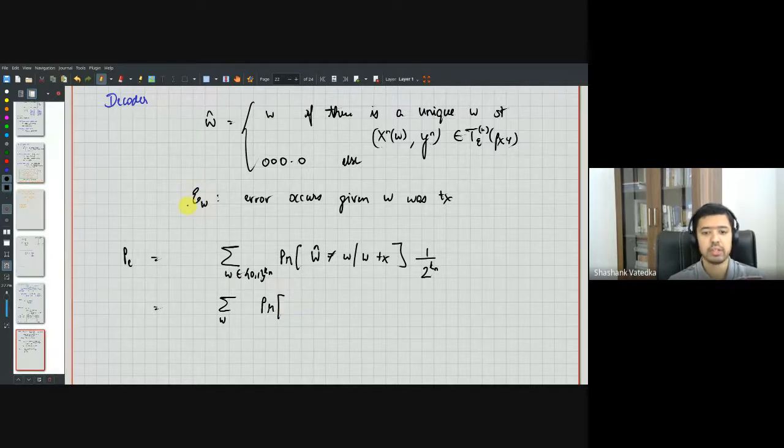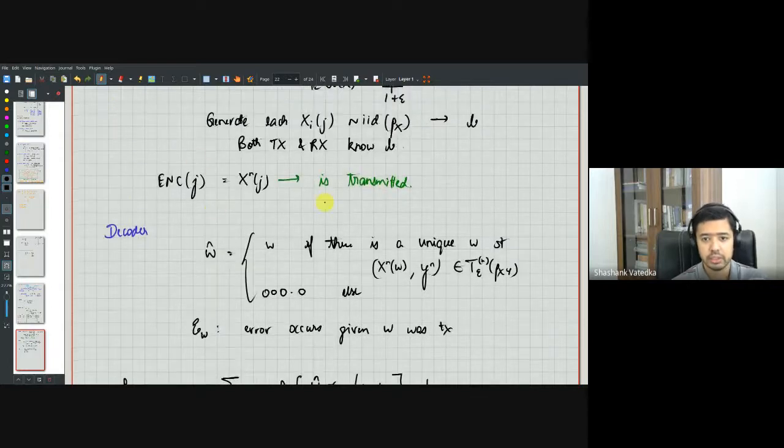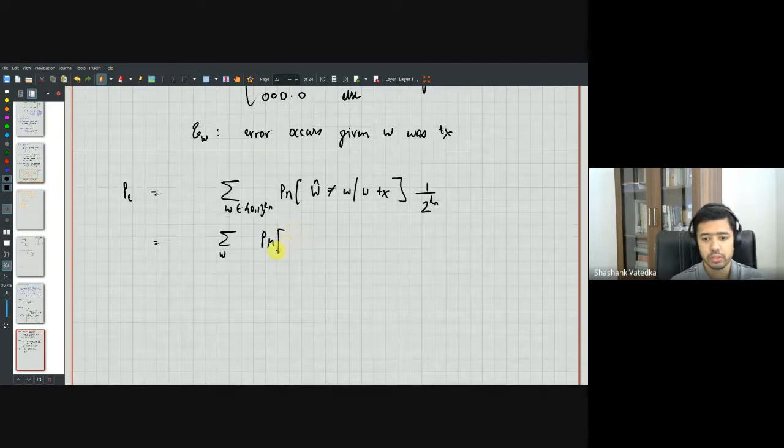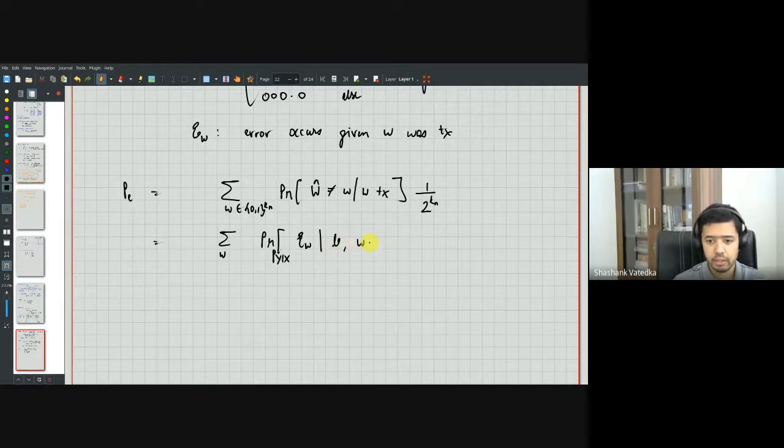And this error event can depend on many things. Having fixed a particular code book, the only source of randomness is in the channel. So this is the probability P(y given x) that E_w occurs given a particular code book and that w was transmitted.